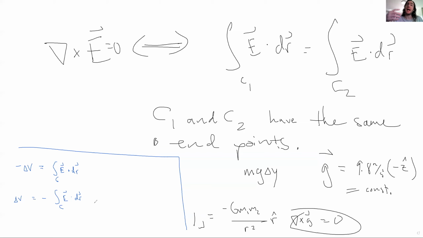If I make the two endpoints the same point, in other words, I start and I finish at the same point, then what would I have? Instead of VB minus VA, I would have VA minus VA. Well, then I would have 0, right?